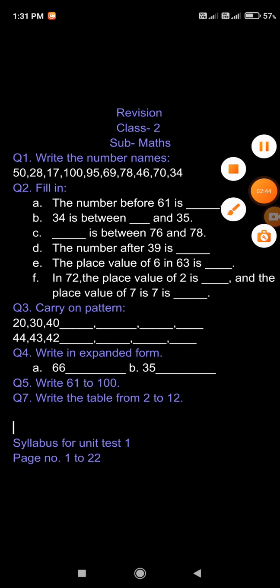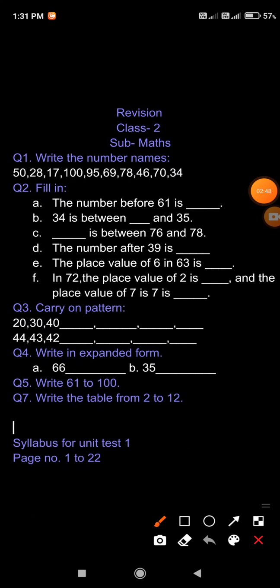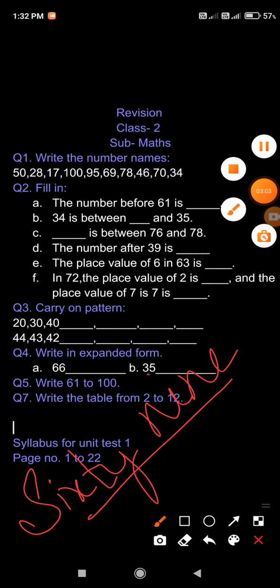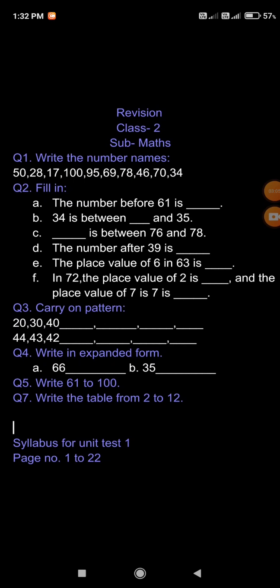Now next is 69, S-I-X-T-Y, 69, N-I-N-E. Now next is 78.